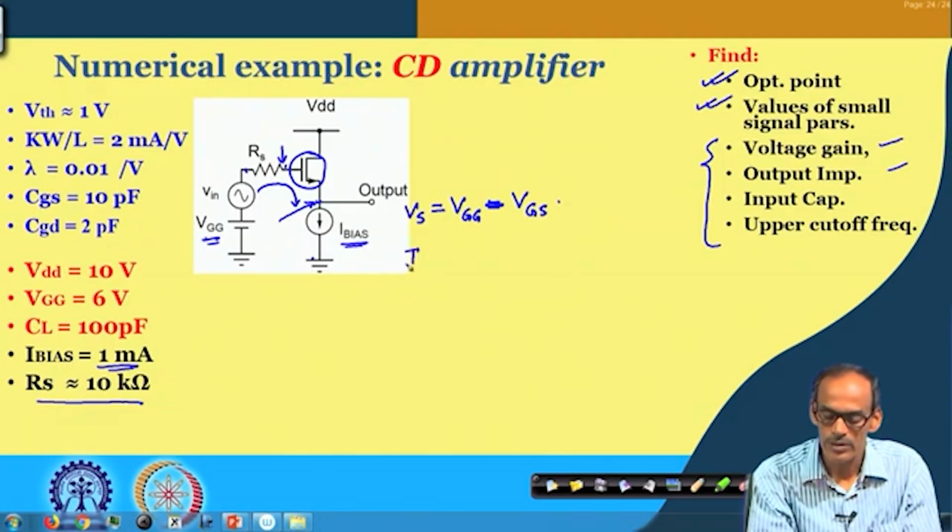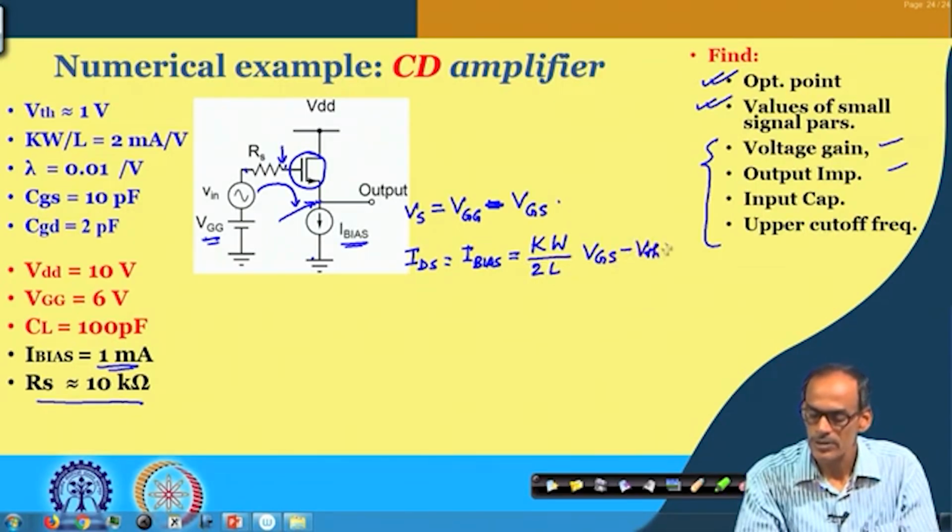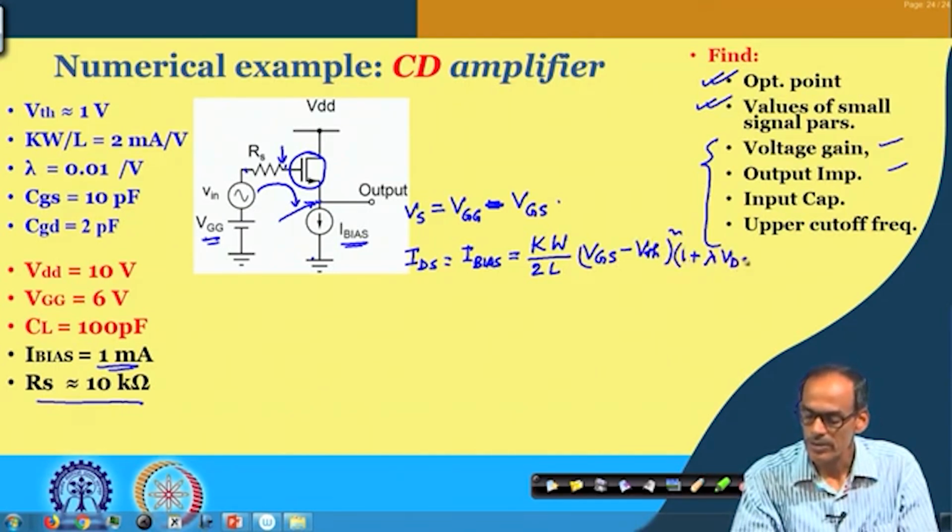So, we can say that IDS equals I bias equals the expression of the current, which is K W by L by 2 into Vgs minus Vth square, and we may drop this 1 plus lambda Vds factor. We can approximate this as 1.